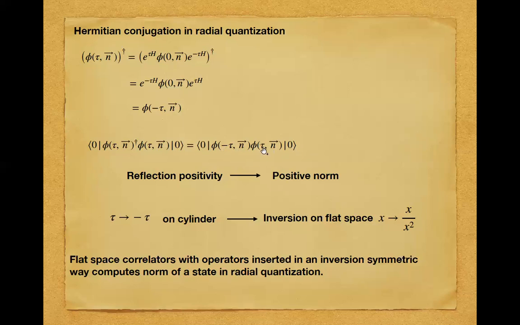So the time gets reflected to minus tau. So there is a reflection transformation of cylindrical time. And now you can see that if you demand positivity of this, then this will correspond to the positive norm for the states on the cylinder. Okay. Does anyone have any question at this point?